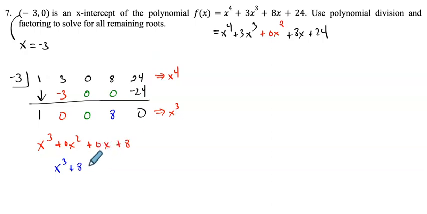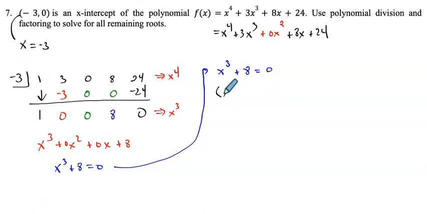And now I have x cubed plus 8, and now I've got to set this equal to 0, right? And now I'm going to factor x cubed plus 8, and I'm going to do this with my formula for factoring cubes, right? And then recall that piece.